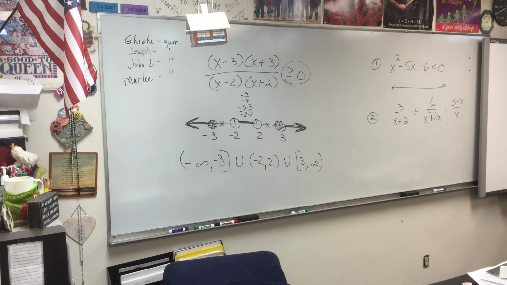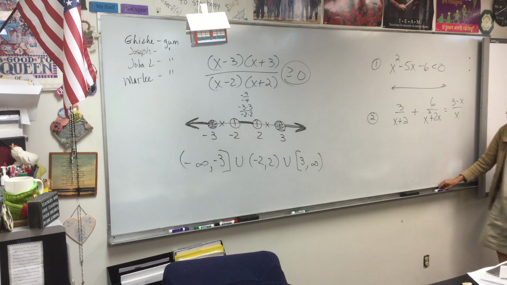How do you factor x squared plus 2x? I forgot to take an x out of x squared plus 2x.